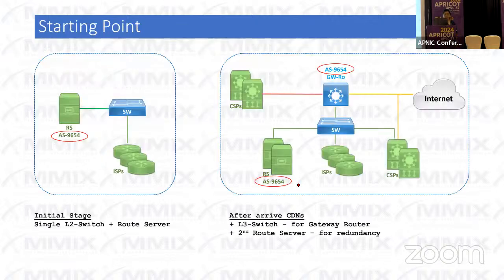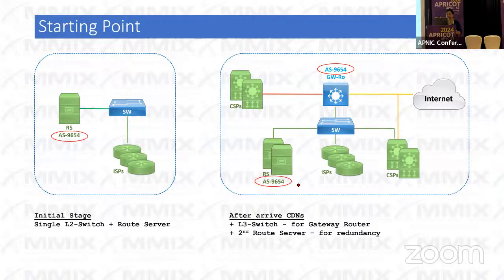Like the other ISP, at first we had 1 single switch that was donated by a community. And we also had another server that's also an old machine. We let our ISP connect to our network, that is a simple network. At the same time, we requested content providers, especially CDN providers like Facebook, Google, and Akamai.